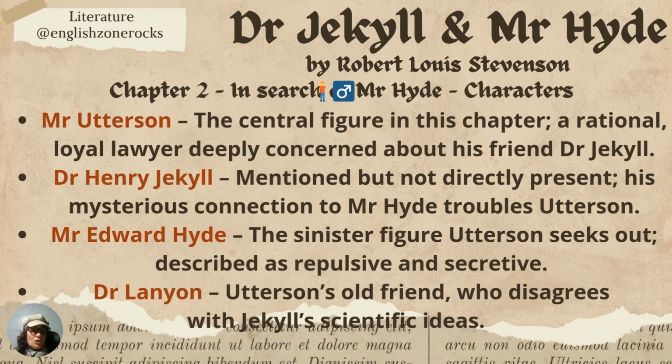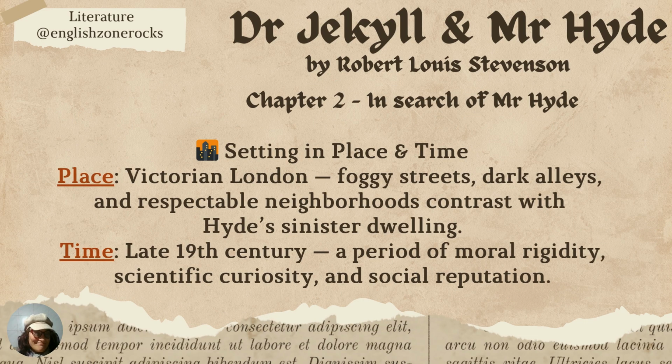He is Dr. Jekyll's friend and lawyer. Dr. Henry Jekyll is mentioned but not directly present; his mysterious connection to Mr. Hyde troubles Utterson. Mr. Edward Hyde is the sinister figure Utterson seeks out, described as repulsive and secretive. And Dr. Lanyon is Utterson's old friend, who disagrees with Jekyll's scientific ideas.